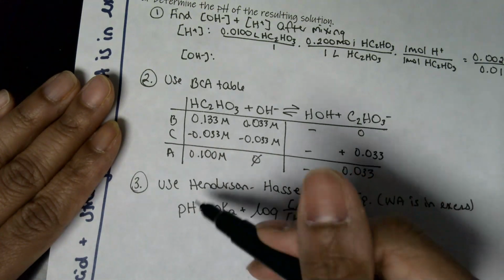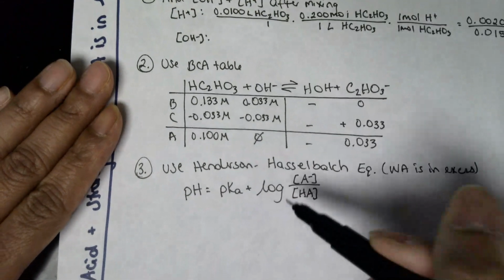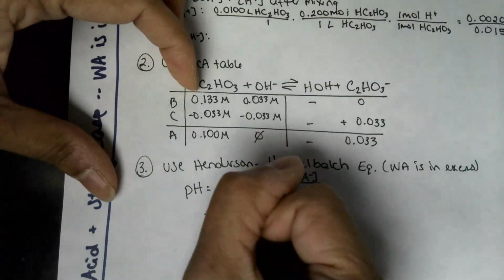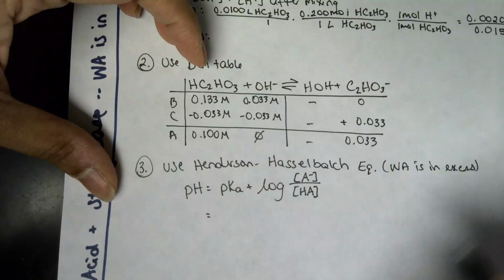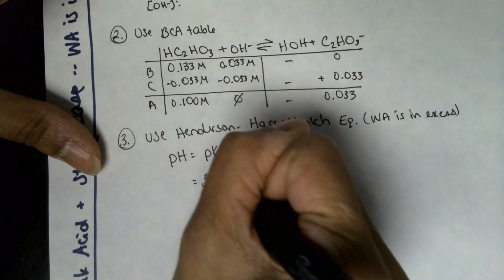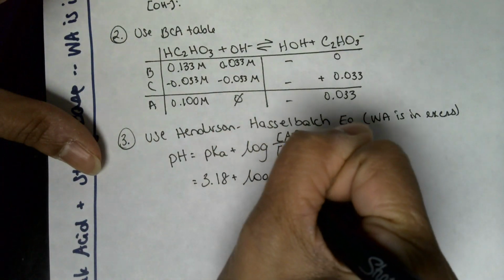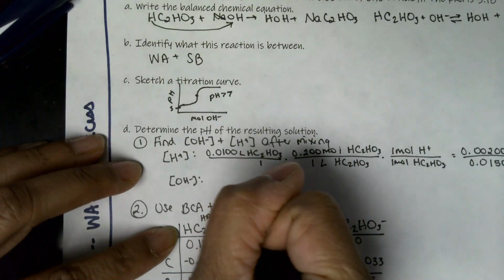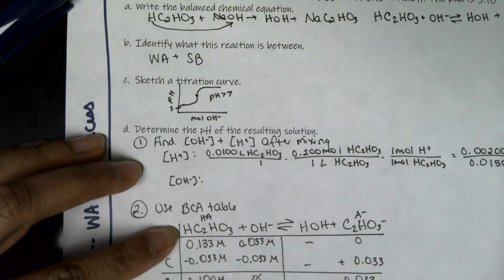So again, it's the pH is equal to the pKa plus the log of your conjugate base over your weak acid. So my pKa was given to me right up here, 3.18 plus the log of, and let's label these, right? So this is my HA. This is my A minus.